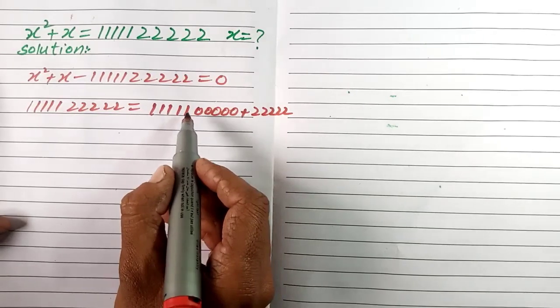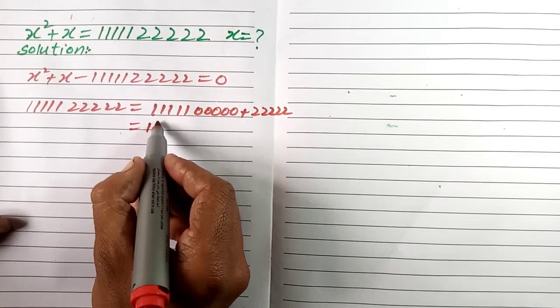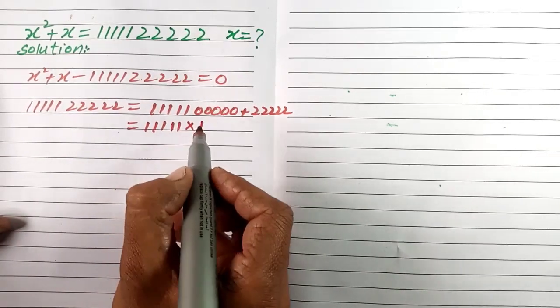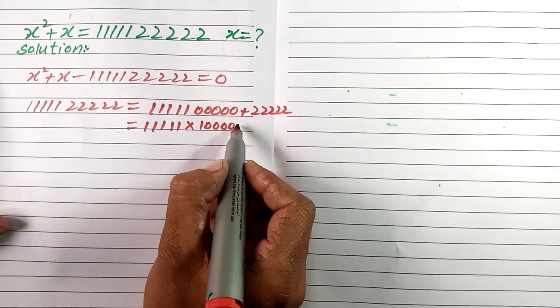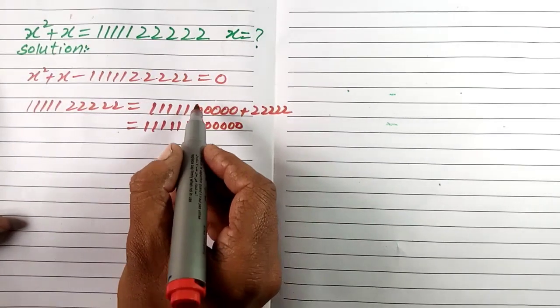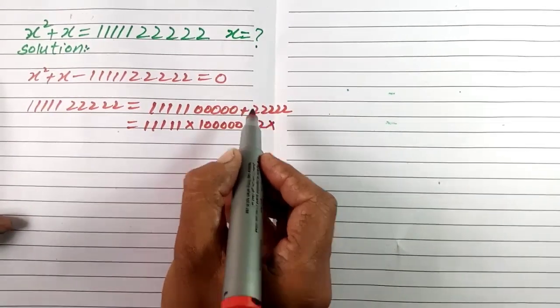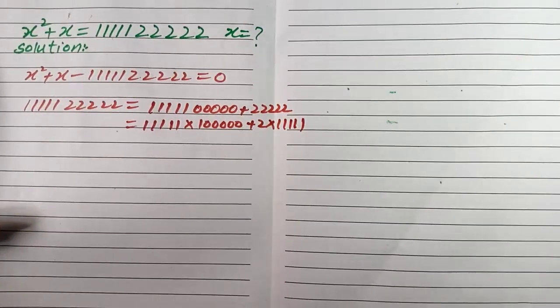So here we can write this in the place of this term. We can write 5 times 1 3 4 5 multiply 1 and 5 times 0 3 4 5, which is also equivalent to this term, plus 2 multiply 5 times 1, which is equivalent to this term.